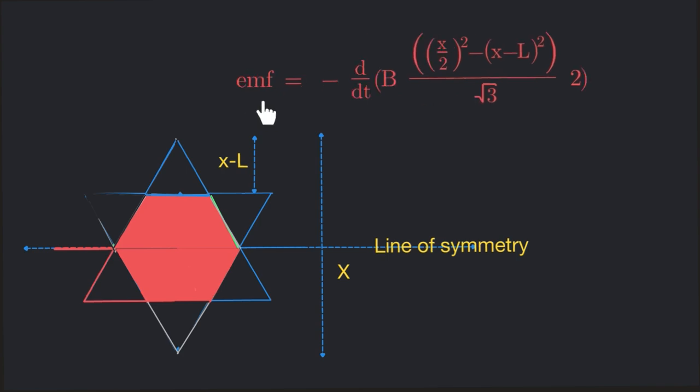The EMF is minus d by dt of total flux, and then we have to differentiate this. B over root 3 is just a constant. You can check this yourself. dx by dt is velocity, so wherever dx by dt comes, it's written as velocity.